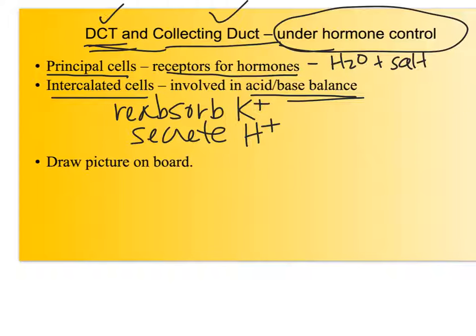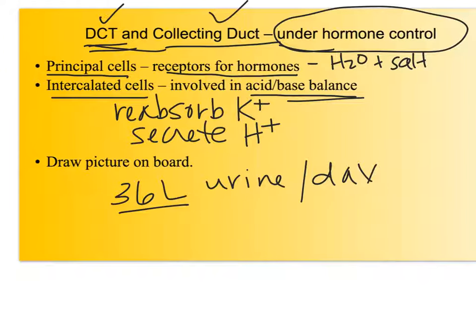Now, when the filtrate gets to the DCT, it still has too much water and too much salt. If you peed what came out of the DCT, you'd still be urinating 36 liters of urine a day.